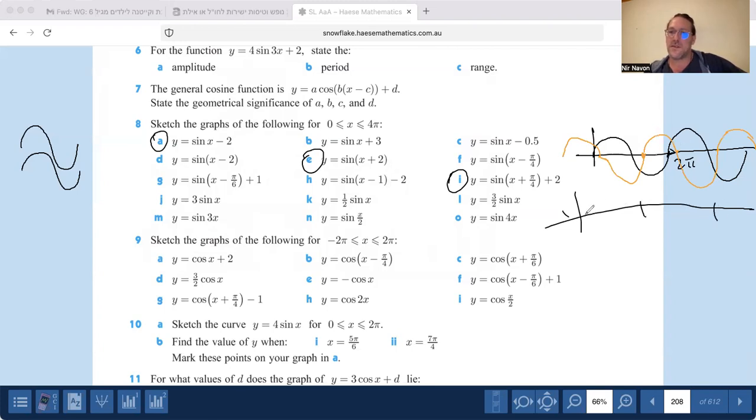So the original looks like that. No, no. Okay, this is 2π and this is 4π. So x plus π over 4 is a horizontal translation to the left by π over 4 units.